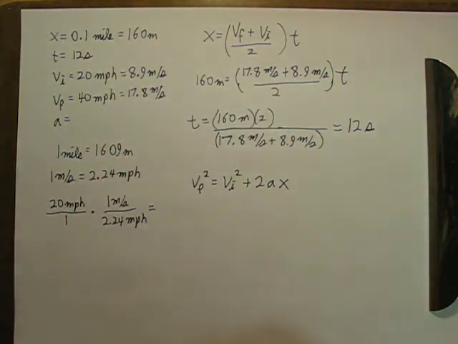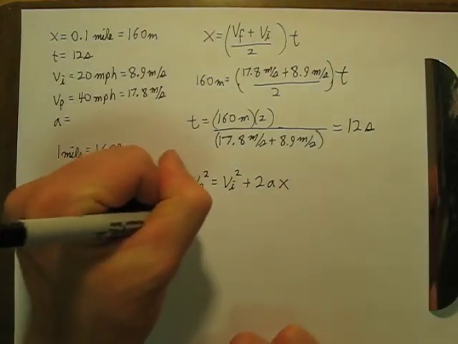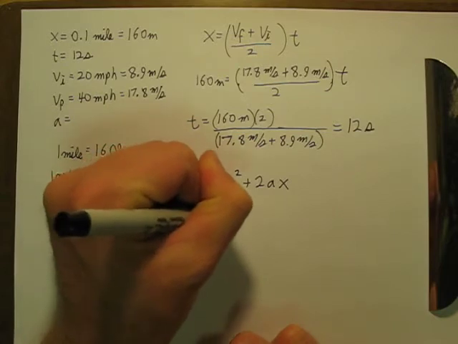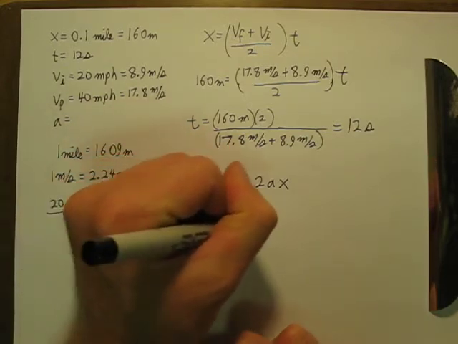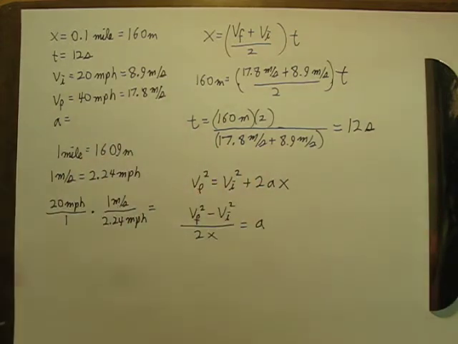Now I want to arrange that for a, so hit pause and think about how to arrange that for a. If you do it out, it's vf squared minus vi squared, divided by 2x, equals a.